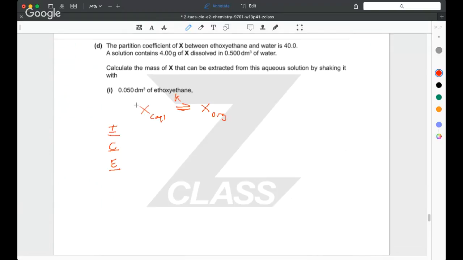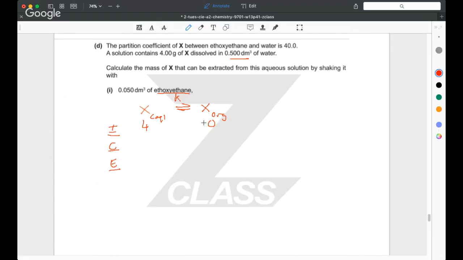And so we're told, aren't we, that initially, the initial situation is you've got 4 grams of X, and that's dissolved in 0.5 decimeter cubed of water. Now, you then add this ether here, ethoxyethane, and that 4 grams that was just originally only in the aqueous phase is now going to get partitioned between the aqueous phase and the organic phase.